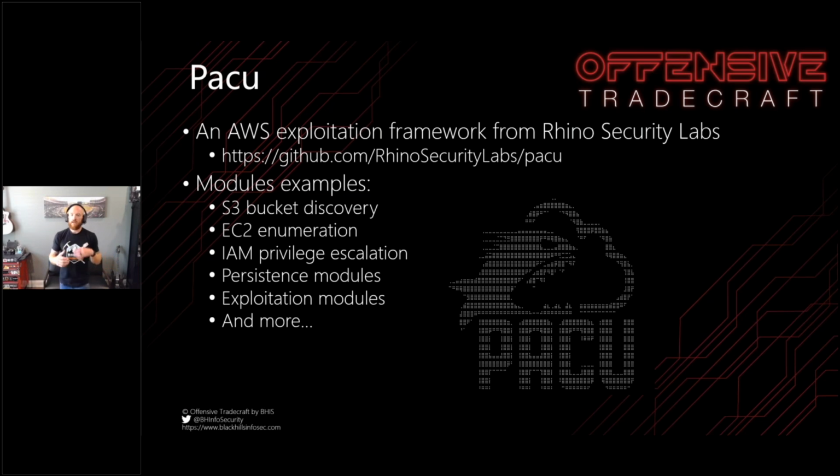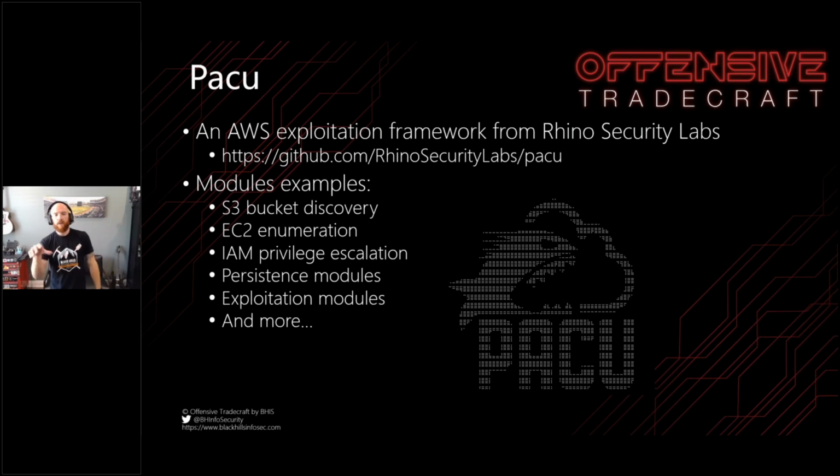They've created a number of different resources for learning about AWS vulnerabilities. So they have flaws.cloud, they have CloudGoat, which is a tool that sets up vulnerable scenarios within AWS for testing. And a lot of those you can use the Pacu modules against to learn how to use Pacu.